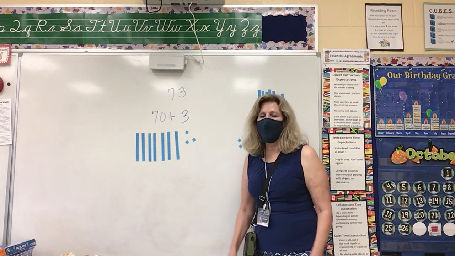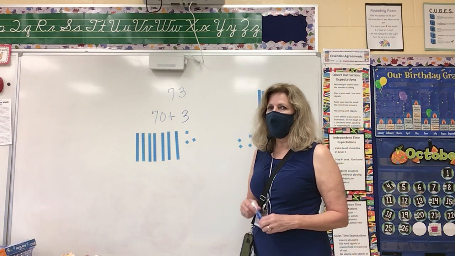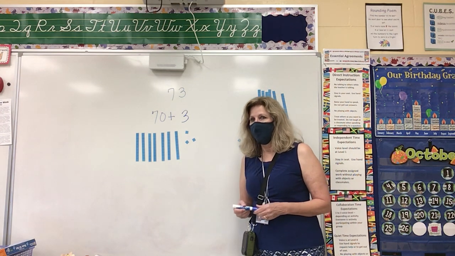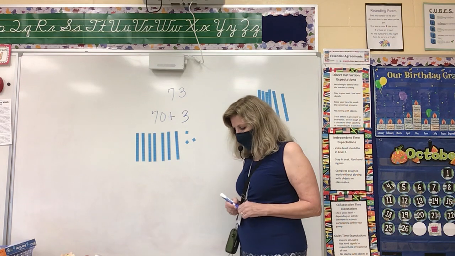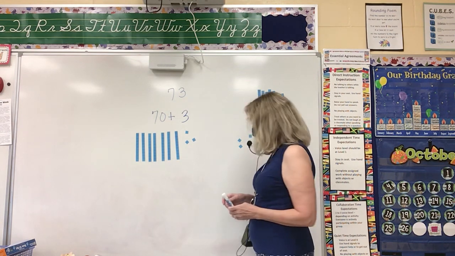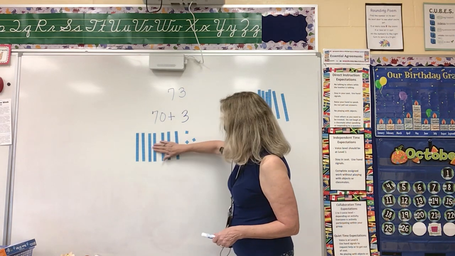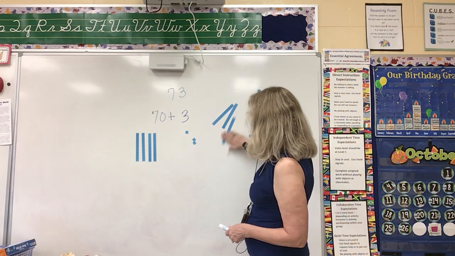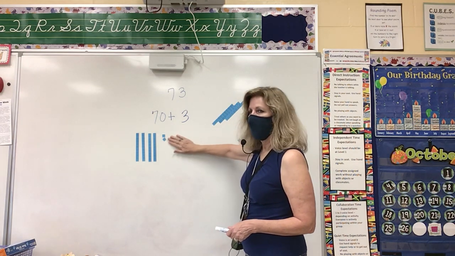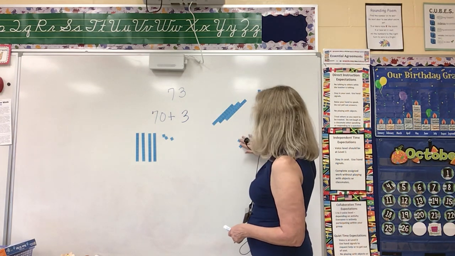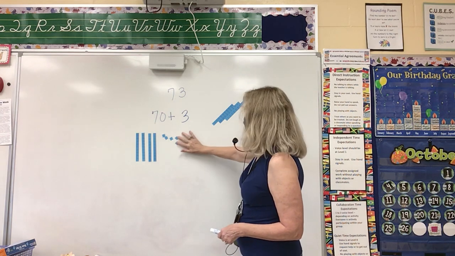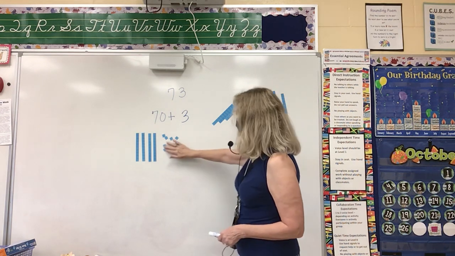So we have 4 tens, 8 ones. So what are we going to write for the expanded form? Miles, what are we going to write for the expanded form? What do you think we're going to write? 4 tens, 8 ones.